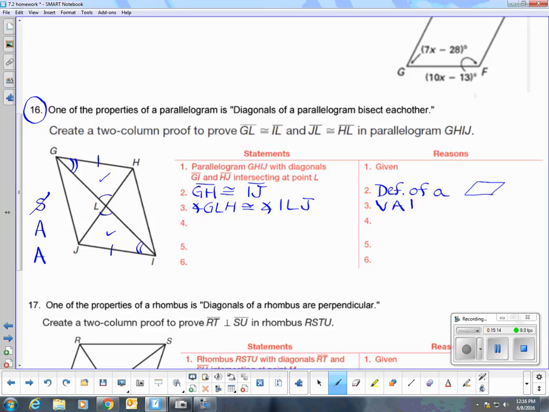And that would be the vertical angle theorem. Right? So there's our first pair of angles. And our second pair of angles are the alternate interior angles. Angle HGL is congruent to angle JIL.